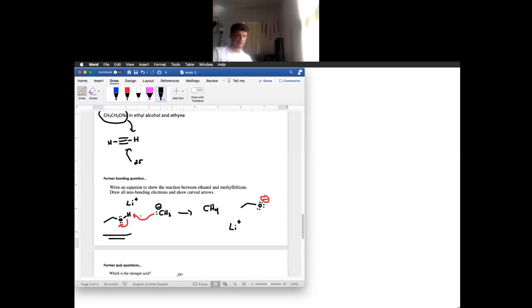It's accepting electrons from this methyl ion. In your bonding assignment, there should be a plus symbol, indicating you have an ethanol plus your methyl ion plus the lithium. We react it, and we get what we got.